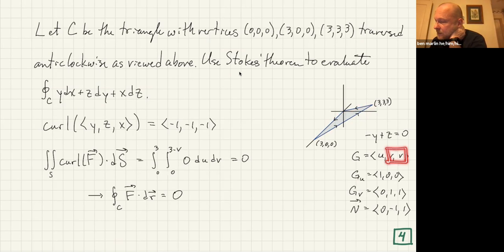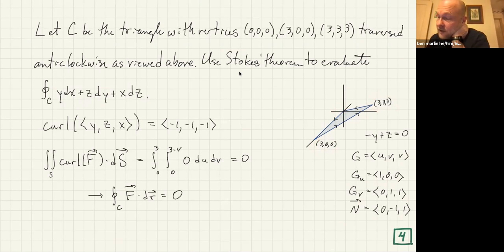And so I just broke it into parts that are U and V in order to do that. So when you take the G sub U and the G sub V and then take the cross product, it should turn out to be 0, negative 1, 1. Check and see whether minus y plus z equals 0 turns out to have both these points in it and the origin in it, and you'll find out it does.